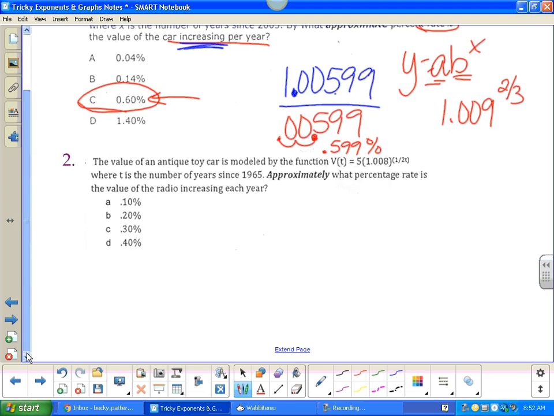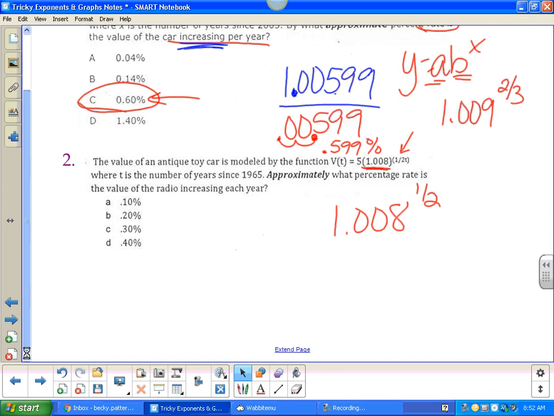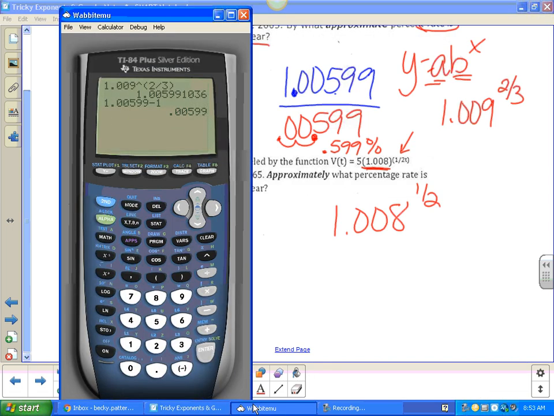Okay, let's try another one just like it. The value of an antique toy car is modeled by the function, where t is the number of years since 1965. Approximately what percent rate is the value of the radio increasing each year? So look here, normally that's the only place I have to look, but you can tell that they have a fraction in the power, so I have to deal with that. So I take my handy dandy calculator and I type in 1.008 to the 1/2.